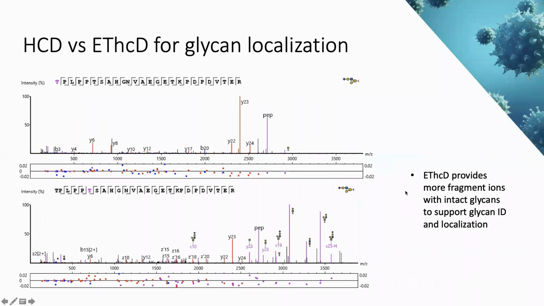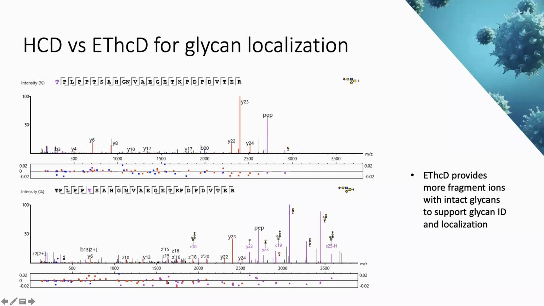Okay, so here I want to highlight the advantages of EThcD over HCD methods in glycan localization. So here's the same glycopeptide from the same sample, just run in HCD versus EThcD mode. Here you can see we really don't have a lot of intact glycan fragments still present in the spectra when using HCD dissociation.